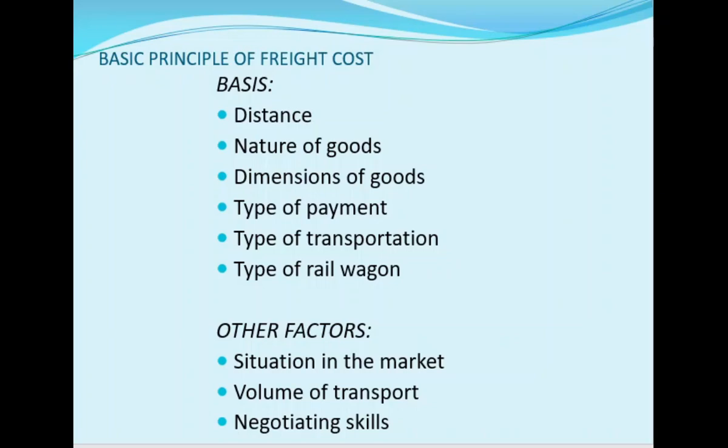If the dimensions of goods are short, not that extensive, it may require the use of the shorter wagons, but definitely a 40-footer wagon or 18.5 meter or 20 meter or 25 meter wagon would cost more to use than a 12 meter or 15 meter wagon. So definitely the dimension of goods is one main determinant of the cost of freight in rail transport.